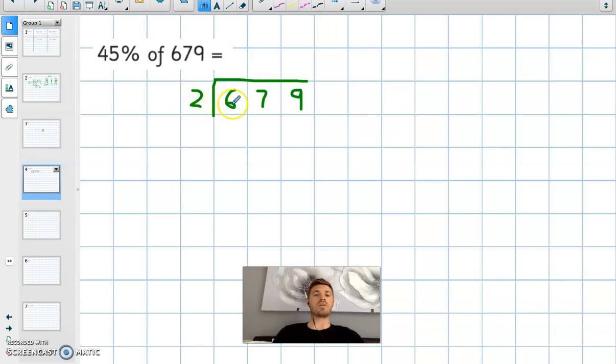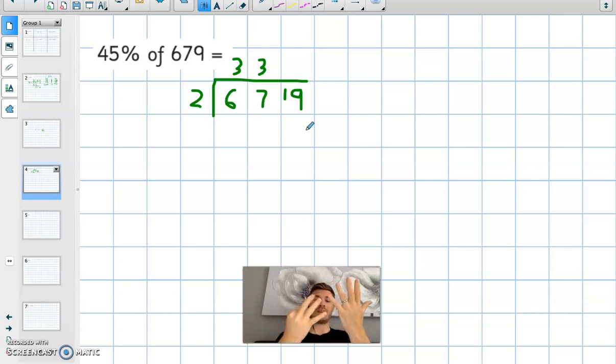So how many 2's are in 6? There are 3. Without a remainder, how many 2's are in 7? Well, we know there's 3, but there's also a remainder there, remainder 1, because 3 times 2 is 6. And then how many 2's are in 19? Well, there are 2, 4, 6, 8, 10, 12, 14, 16, 18.